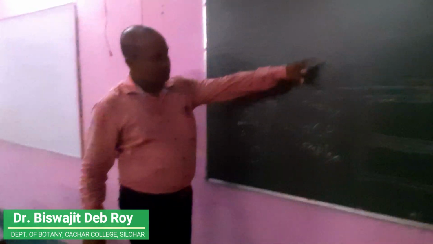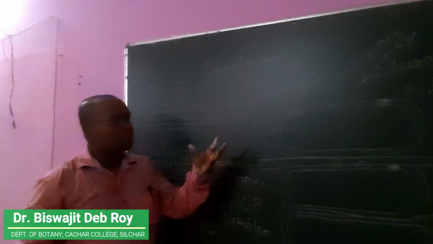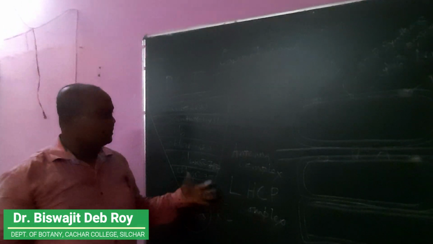There are photosynthetic apparatus, and one particular concept is there, quantasome. What is quantasome? Quantasome is small granular particles where photosynthetic apparatus is present. That is, it contains both reaction center and antenna complexes.